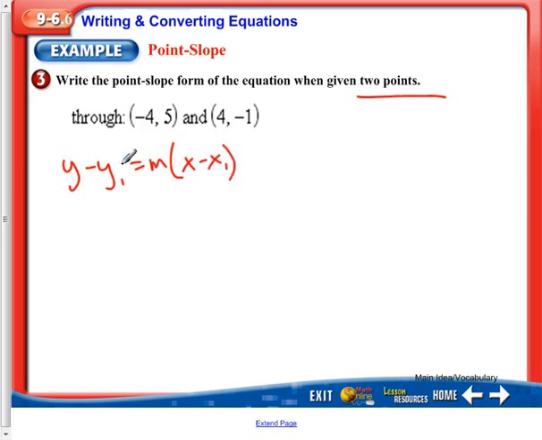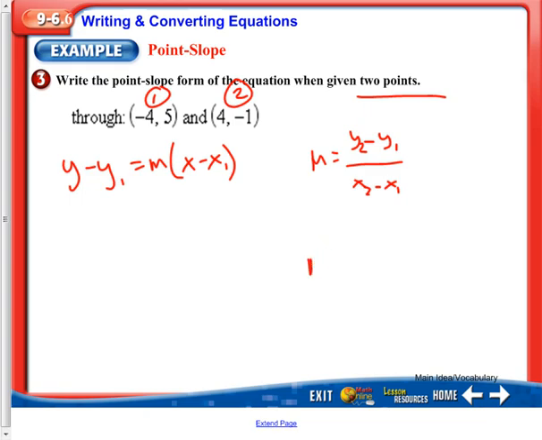You have to have x1, y1, and m in order to write point-slope form. So what I don't have is m, but I do have 2 points. So now I need to do m equals y2 minus y1 all over x2 minus x1. All right, I'm going to make this my point 2 and this my point 1.